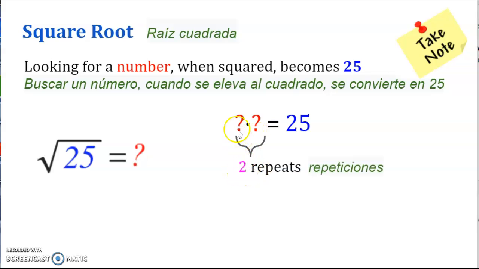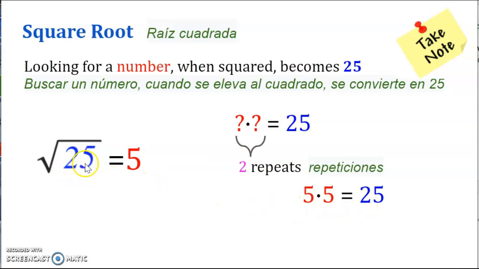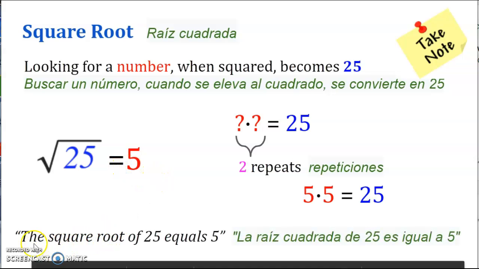It's being multiplied 2 times. So that number has to be 5 and 5, right? It's the same number being multiplied by itself 2 times. So 5 times 5 is 25. So we know that the square root of 25 is 5. And we say the square root of 25 equals 5. That's how you read this.